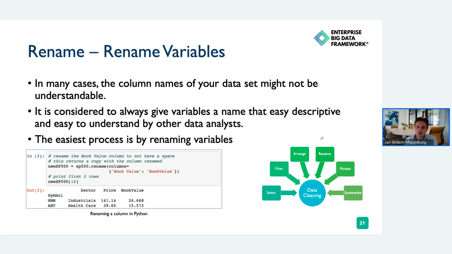Good, then we get towards the next element. Remember the principles of tidy data, and that means that we would like to have every variable in the right kind of column. And in order to do that, you want to make sure that the variables actually mean something to you, so not just an X and a Y, or something that is not understandable. So it's best practice to make sure that all the column names are understandable by the words.